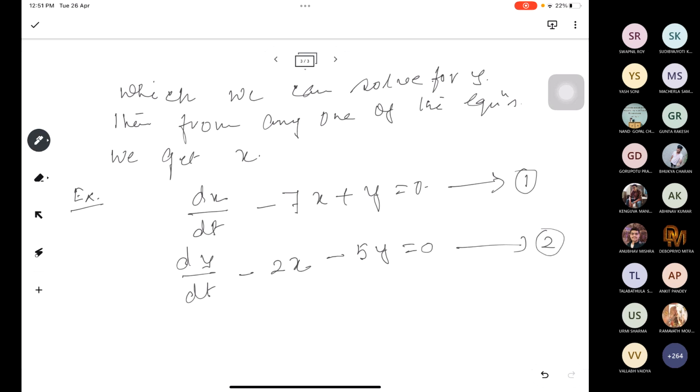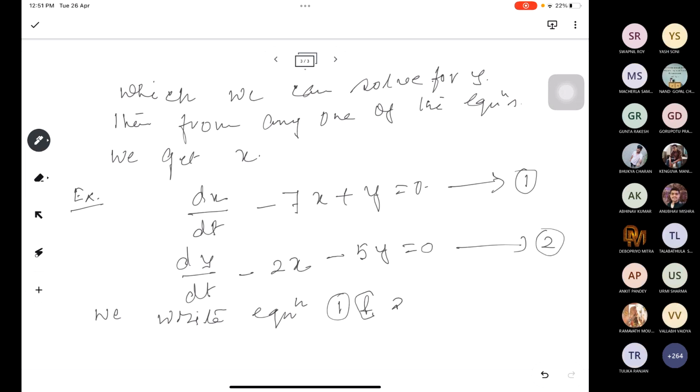dx/dt minus 7x plus y equals 0, and dy/dt minus 2x minus 5y equals 0. So we write equations 1 and 2 in symbolic form.